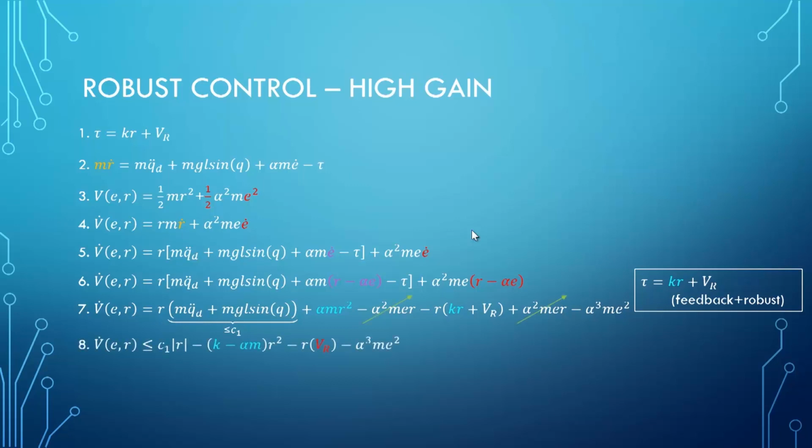In the next step, I change equality to inequality and put absolute value on R. And regrouping the terms, we put minus k r squared here, put this term here, and VRR here, and this term here, and that's almost done.